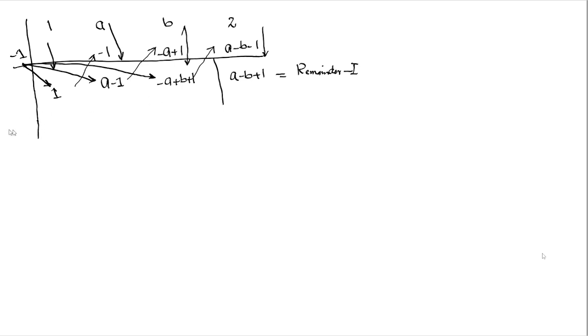Now we will perform division by the second factor, which is x is equal to 2. So write 1 down as it is. 1 multiplied with 2 is 2. Perform addition. So we have a minus 1 plus 2 is 1.